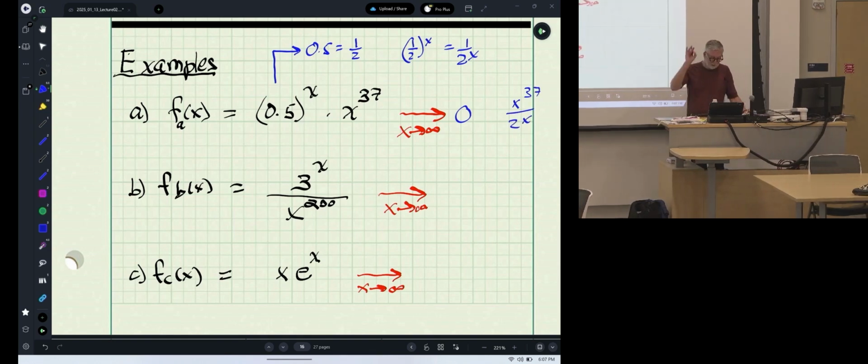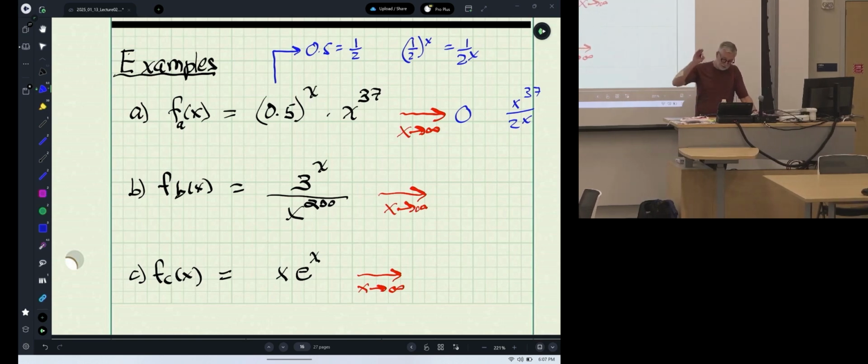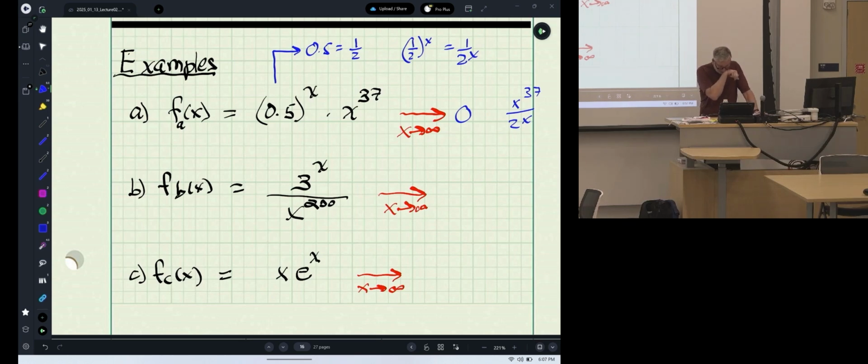So the exponential dominates. It grows faster than the monomial, crushes it, and so we get 0. That's the thought process. I'm trying to give you guys the reflexes for how to set these things up.